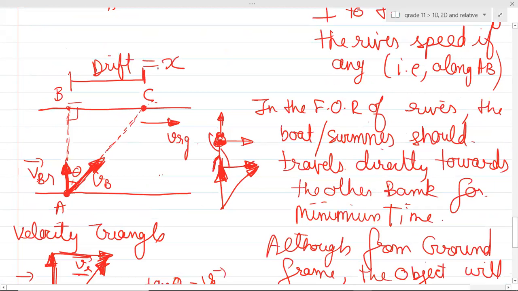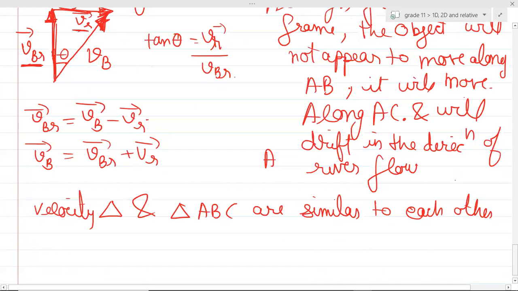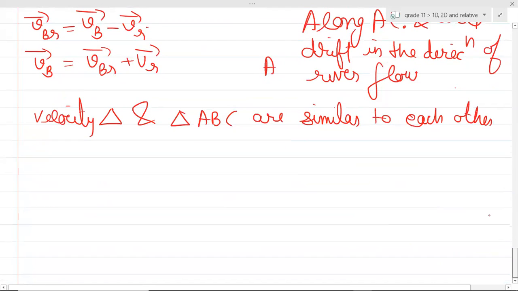If I say the drift is X and the width of the river is W, then can I say tan theta is basically equal to, I'll just draw the two triangles again so that I don't need to go up and down again.